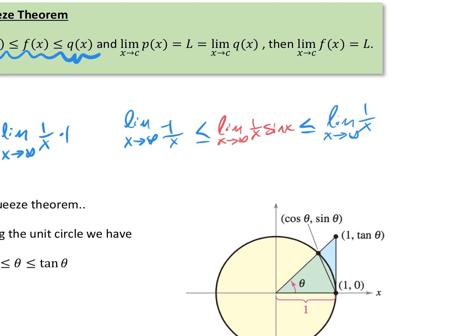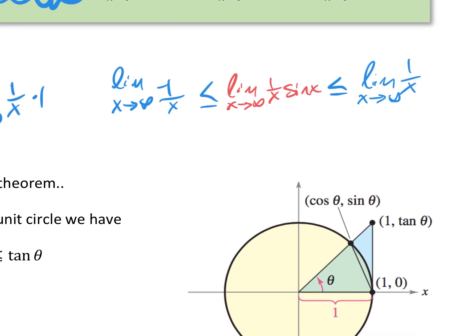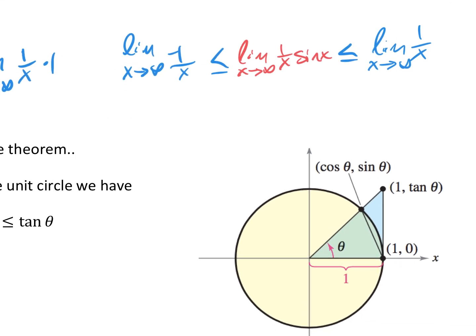So rewritten a little bit here, we can say this. The limit that we're looking for is in between the limit as x goes to infinity of 1 over x and the limit as x goes to infinity of negative 1 over x. All right, well, let's think about the graph here. So if we graph this, let's graph y equals 1 over x first.